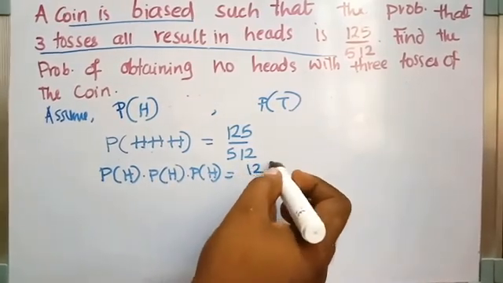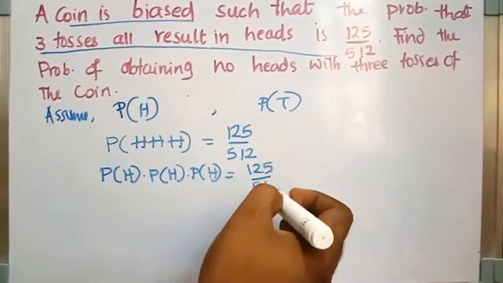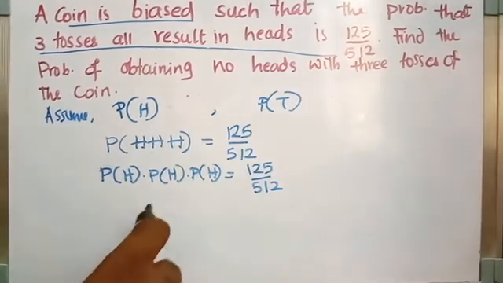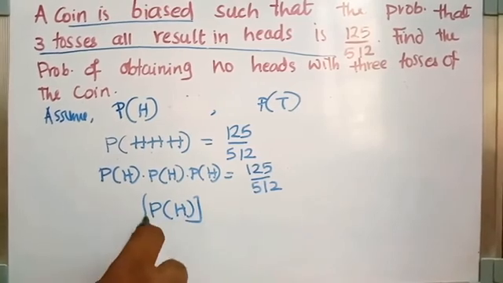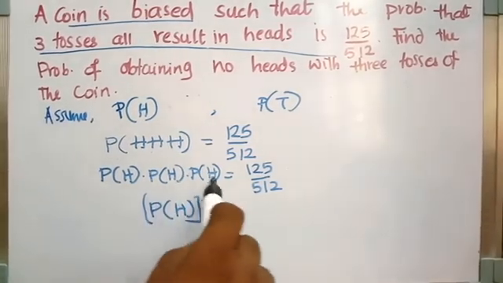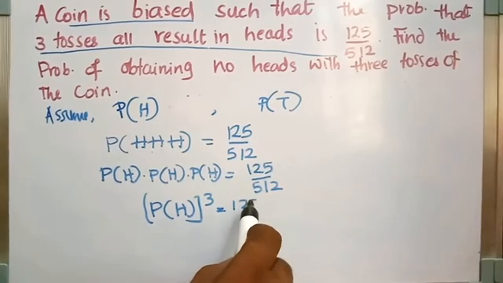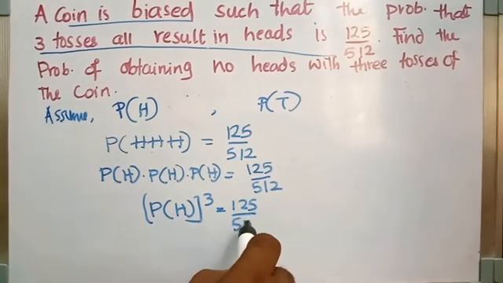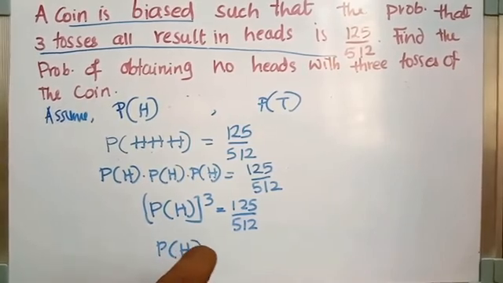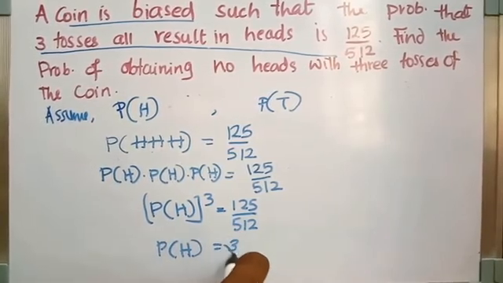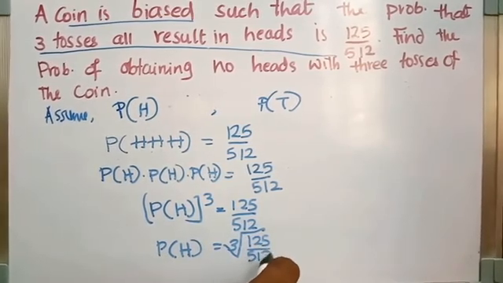That is probability of head the whole cubed is 125 by 512, or probability of head is the cube root of 125 by 512, which is equal to 5 by 8.